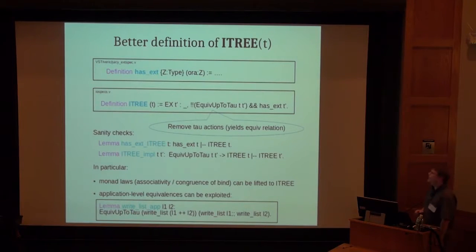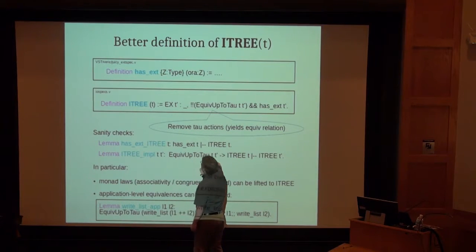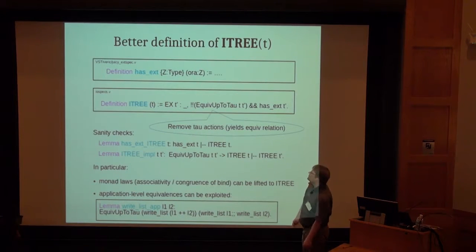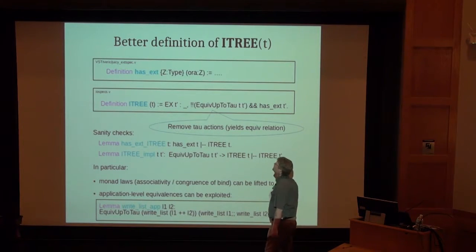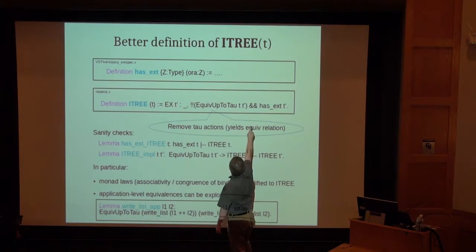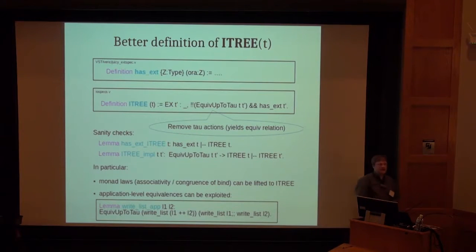So the way to get around this is indeed to modify our definition of the I tree predicate a little bit. We are going to again refer to this has-xed definition of the basic representation of a tree, but we're only going to require that it is satisfied up to the tau transitions that the tree can make.